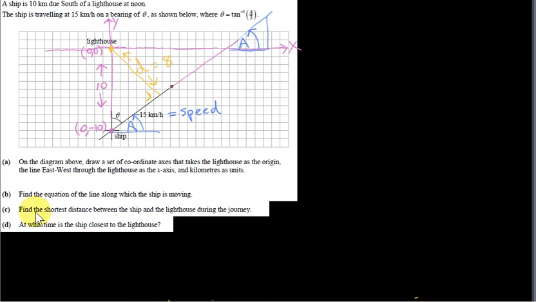In the next question, we want to find the time at which the ship is closest to the lighthouse. So what we need to do is, first of all, get this distance here. That's the distance the ship must travel in order to be closest to the lighthouse. The closest distance to the lighthouse is 8 kilometers.